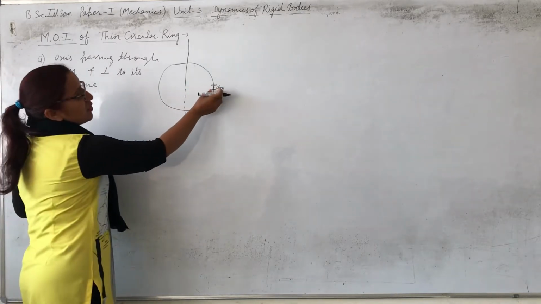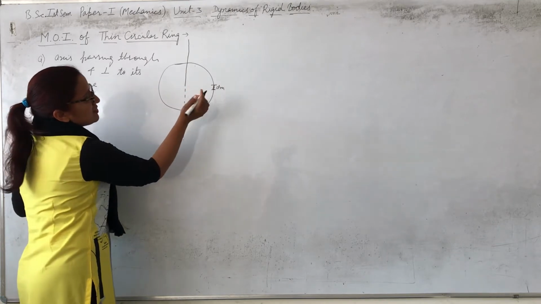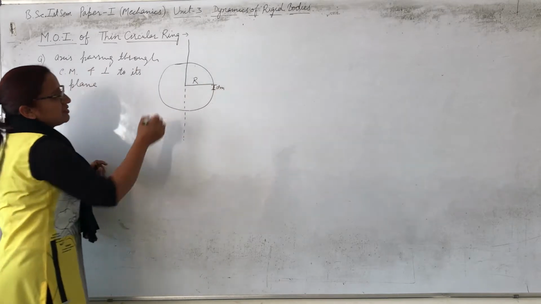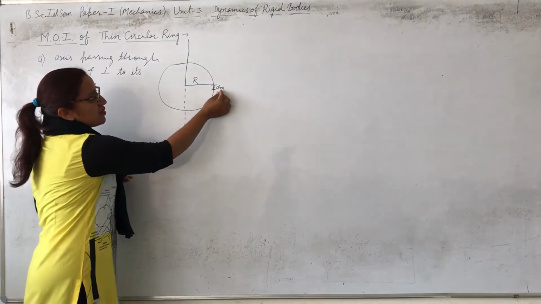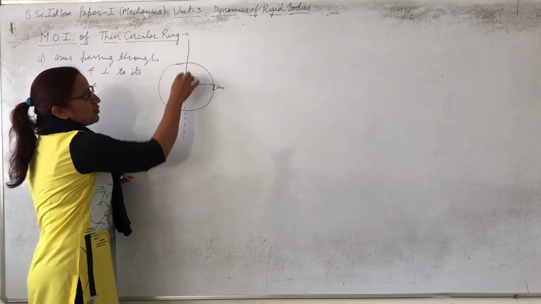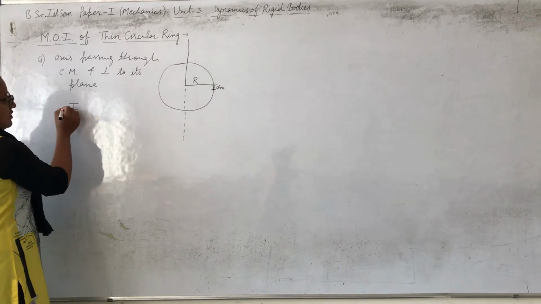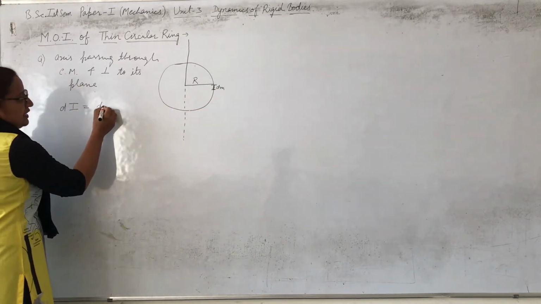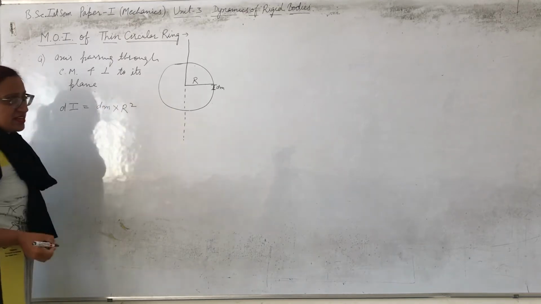So the distance of this small mass from the axis of rotation is equal to the radius of this circular ring. So the small moment of inertia of this mass will be dm multiplied with r square.